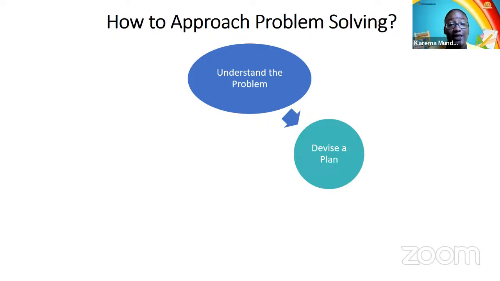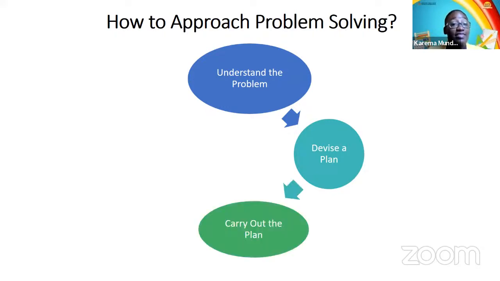Ensure you understand it well. And out of that, you devise a plan. In other words, you decide, what is it that I'm going to do? How am I going to answer this question? What are some of the steps that I'm going to take? What operations will I be using? So you devise a plan, all right? And then you execute the plan or you carry out the plan. You're going to actually do what it is that you said that you were going to do. So you carry out the plan, all right?